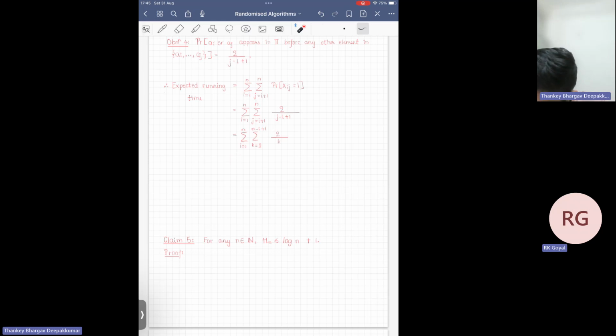So this is the sum over k. All I'm doing by lowering the index from 2 to 1 is just adding something over here, right?